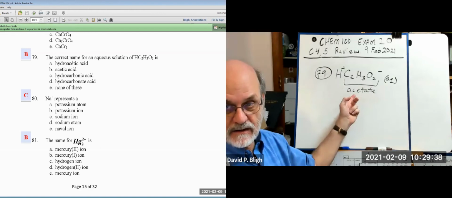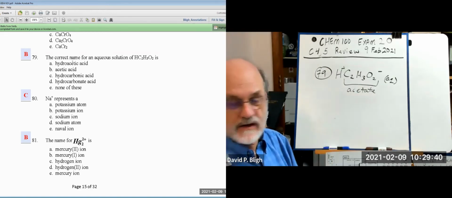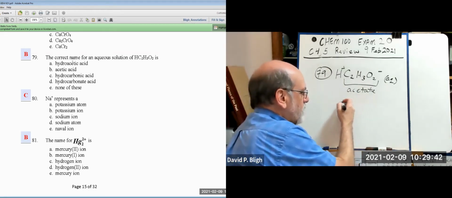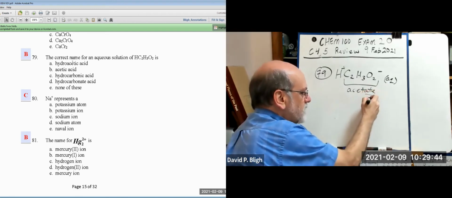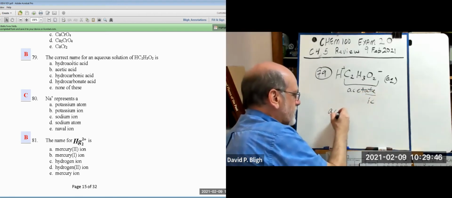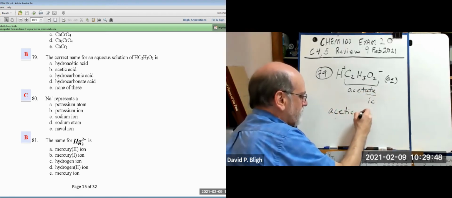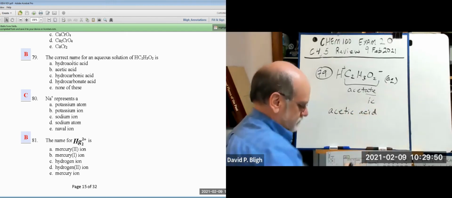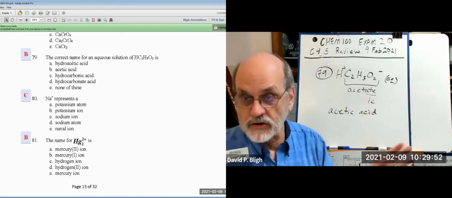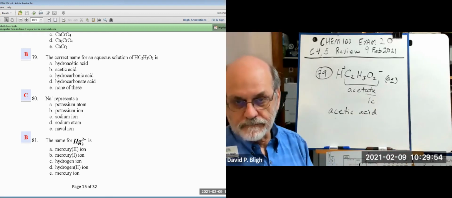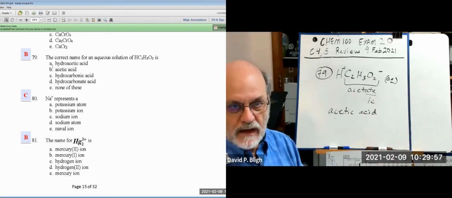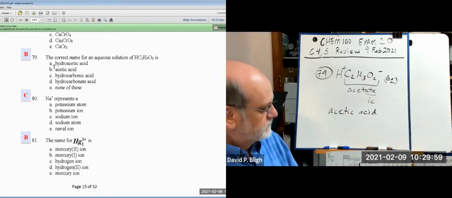It's acetate. And if you make an acid of it, the ate becomes ic. So it's acetic acid. And you're done. That's it. So that's why the answer is B.